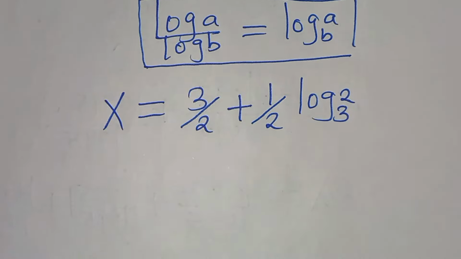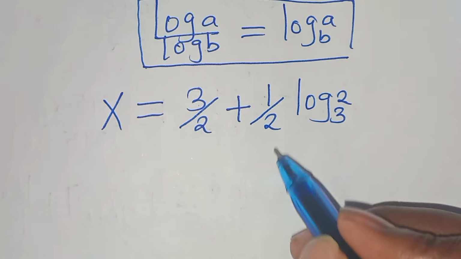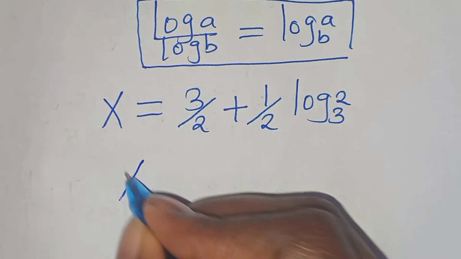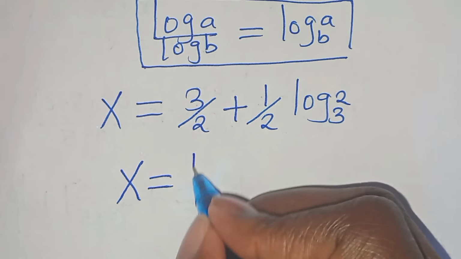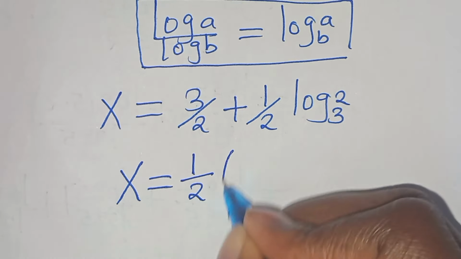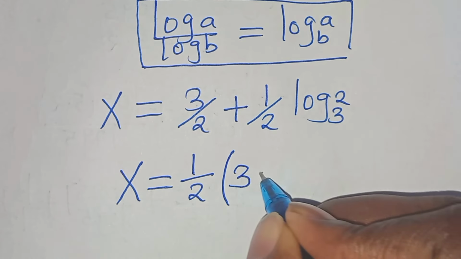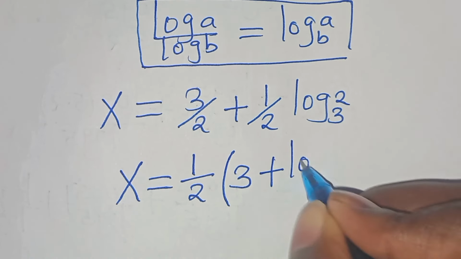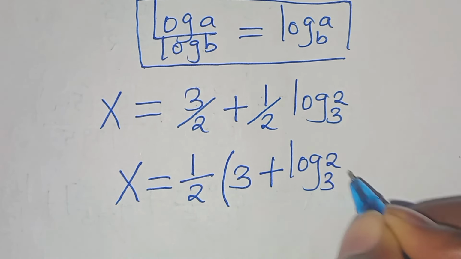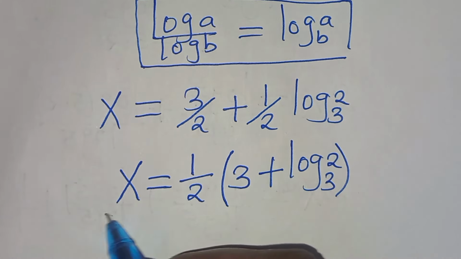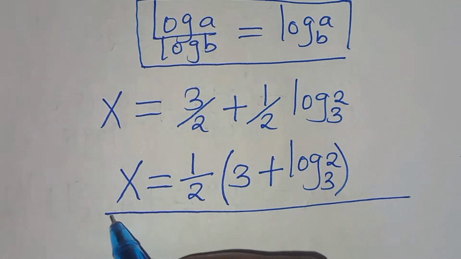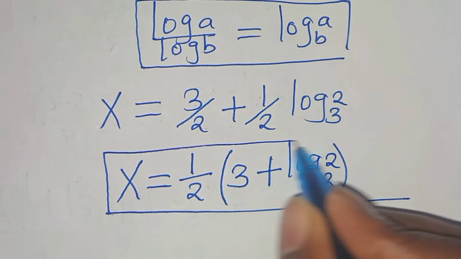Now the next step from here, since a half is common, we can factor out a half so that we have a half, into the parentheses, 3 plus log 2 to base 3. And this is the value of x.